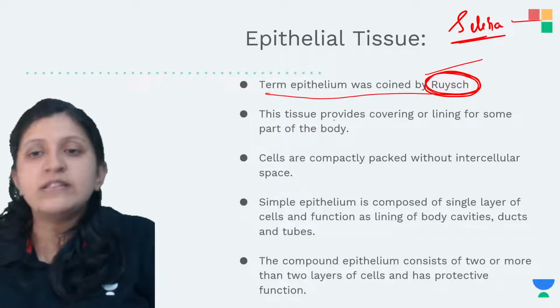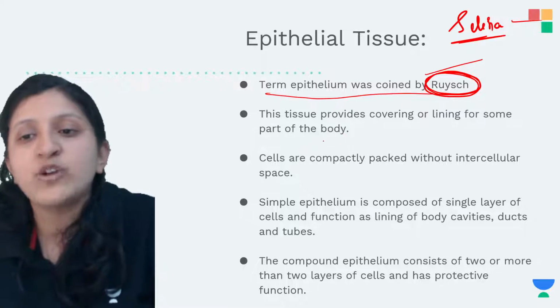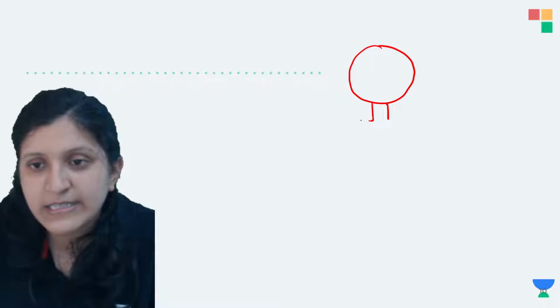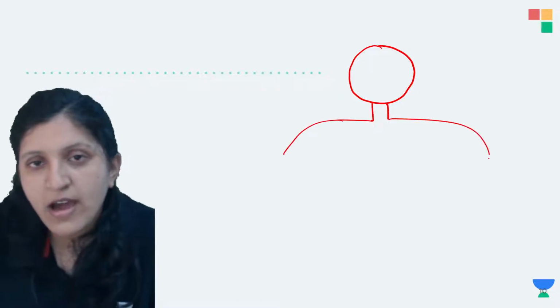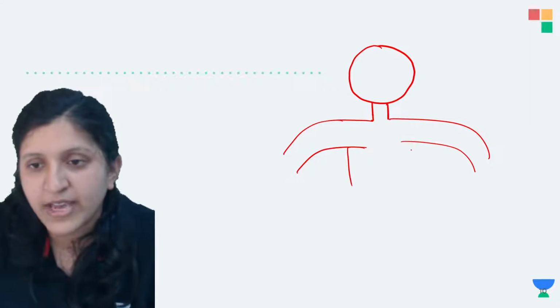So this tissue provides a covering or lining for some part of the body. So what is that covering or lining? Let's say now this is a body. Let's say this is a human, and this is basically the neck region, the arm region. So here is the arm. In general, I'm just drawing a rough diagram.